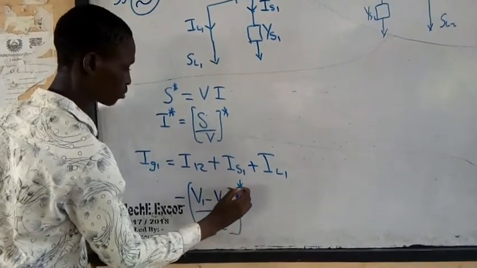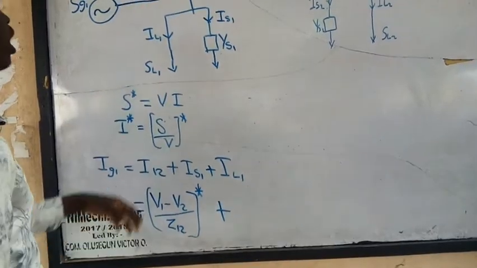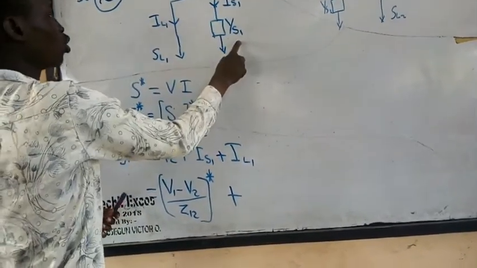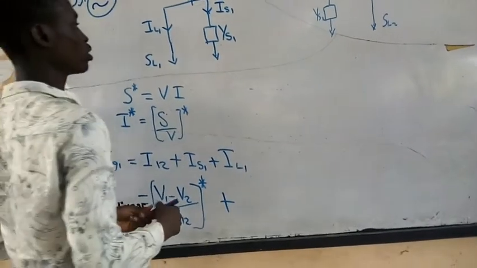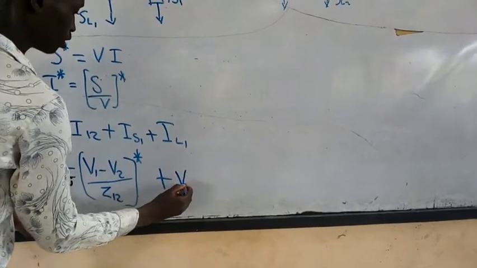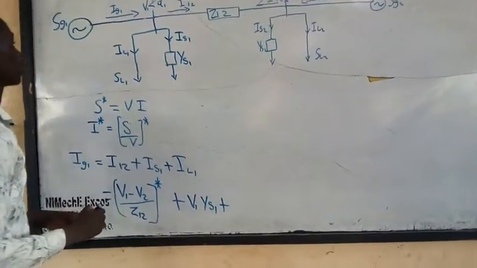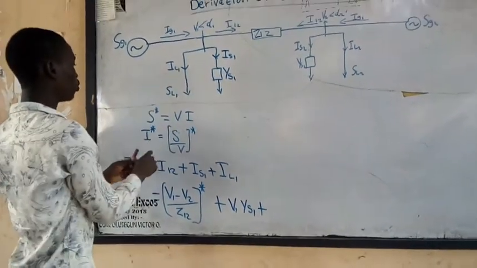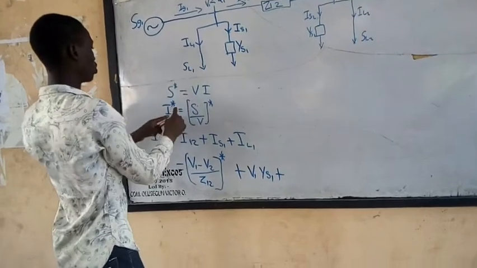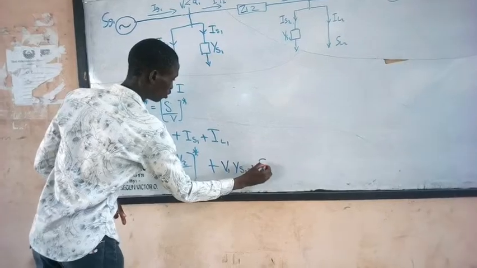Okay? Plus IS1. This is IS1 coming from V1 to YS1. But in this place, we're not going to say V1 over YS1, rather we'll say V1 YS1, plus IL1. Remember IL1, we say IL1 is equal to SL1 over V1.